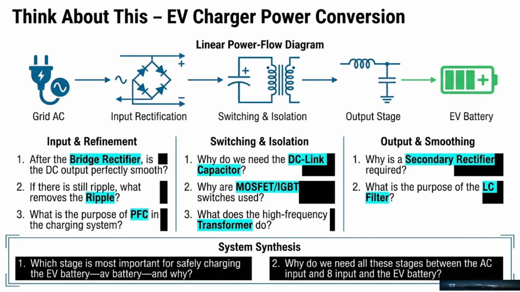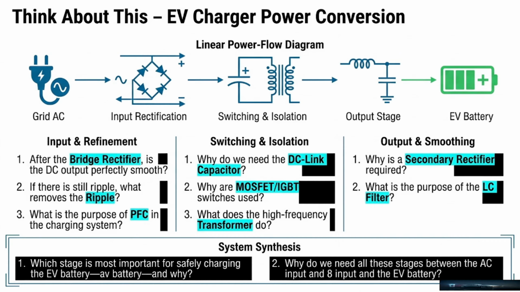After the DC link capacitor, why do we need a lot of components like PFC, MOSFET, IGBT switching, then the high frequency transformer that we discussed in zone 2? Why do we need the secondary rectifier, and finally the LC filter that we discussed in zone 3? What is each stage actually doing here? Think about it and write your answer in the comment section.